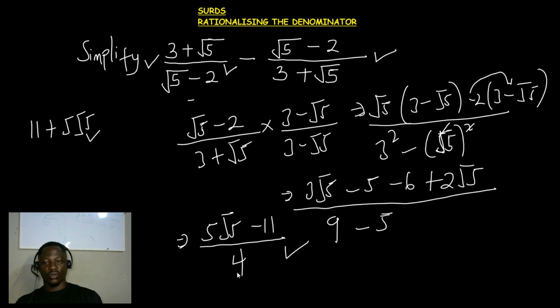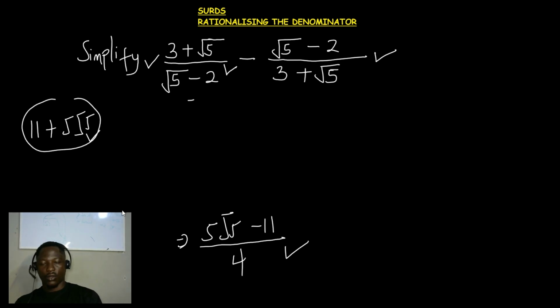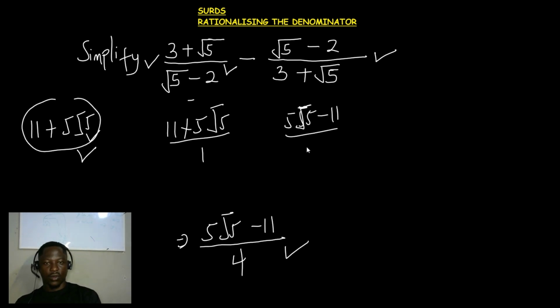So we are going ahead and subtract this side from here. When we rationalized the first part, we got 11 plus 5 root 5 all over 1, and here we got 5 root 5 minus 11 all over 4, and don't forget to bring the subtraction sign.